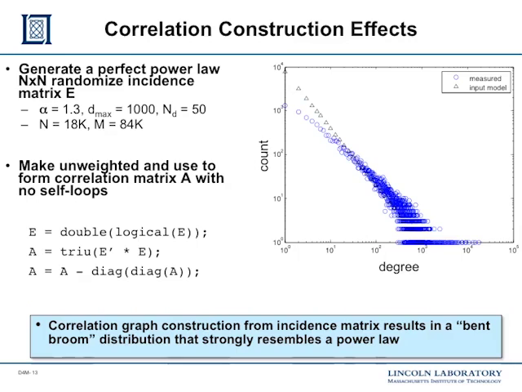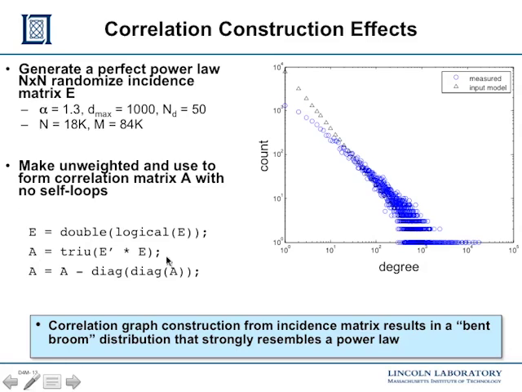Here's another example. What we're going to do is essentially take our matrix and compute the correlation of it. We've talked a lot about how, if we have an incidence matrix, we multiply it to do a correlation. In this case, we're treating our random matrix not as an adjacency matrix, but as a randomly generated incidence matrix. And these are, again, the parameters that we use.